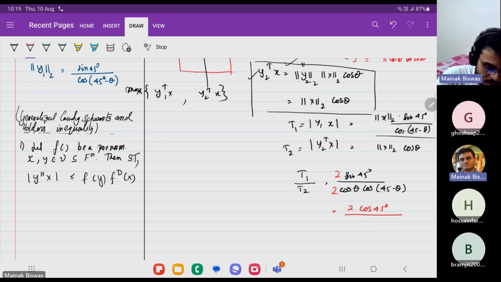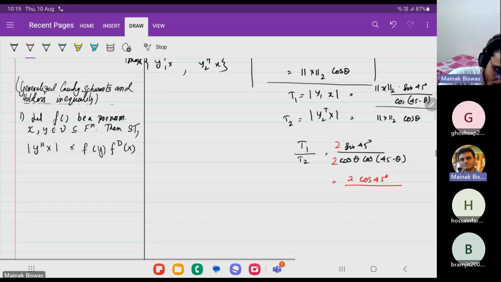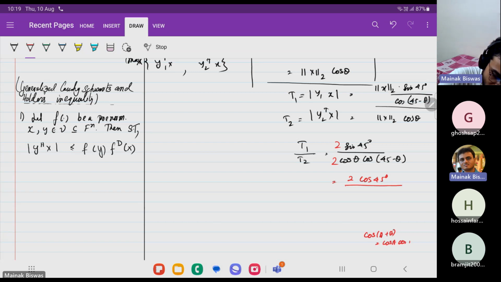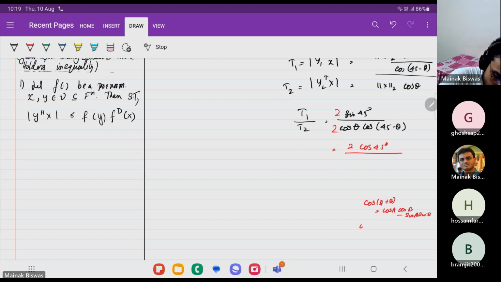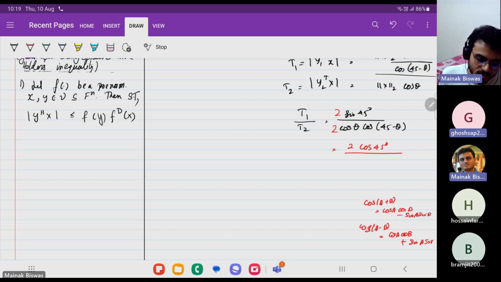So just recall, cos A plus B is equal to cos A cos B minus sine A sine B. Similarly, cos A minus B is equal to cos A cos B plus sine A sine B. So 2 cos A cos B will be the sum of these two.